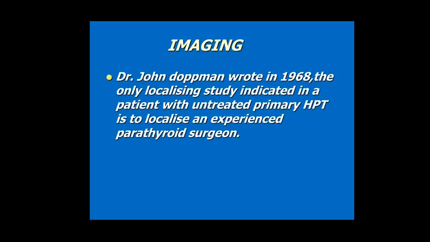It has been said by Dr. John Doppman in 1968, the only localizing study indicated in a patient with untreated primary hyperparathyroidism is to localize an experienced parathyroid surgeon. This sums up the surgical treatment of parathyroid glands in general.